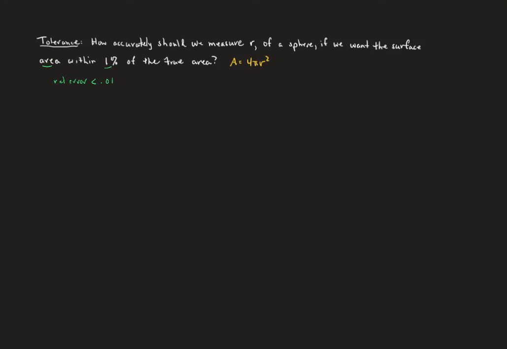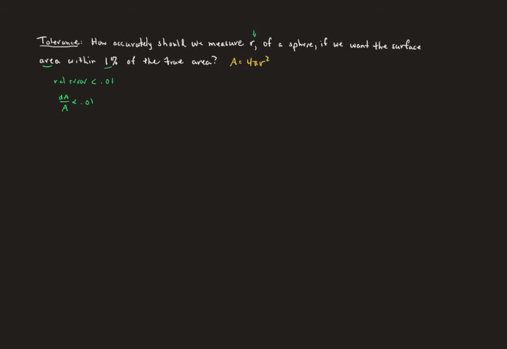Now remember, the way we got the relative error was we took our differential, in this case the relative error of the area, dA over the actual area A, and that's what we want to be less than 0.01. That's kind of what's driving this. And we want to know then what's the impact on the r. What does that tell us about how accurately we are going to need to measure r?